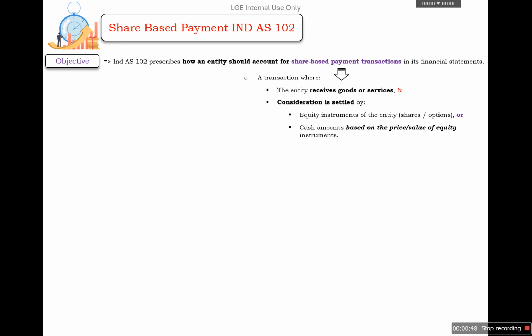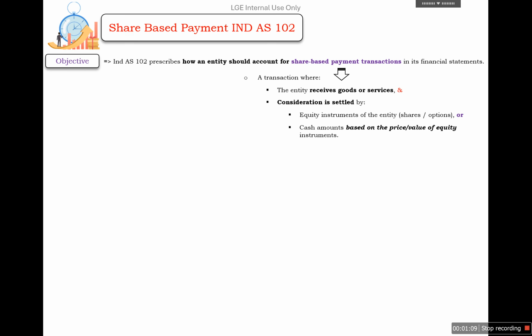The amount of that will be based on the price or value of the equity instrument. So there are two options. One option is that against the goods and services the entity has received, it will pay by issuing equity, or it will pay in cash, but the cash price will be based on the price of the equity instrument.